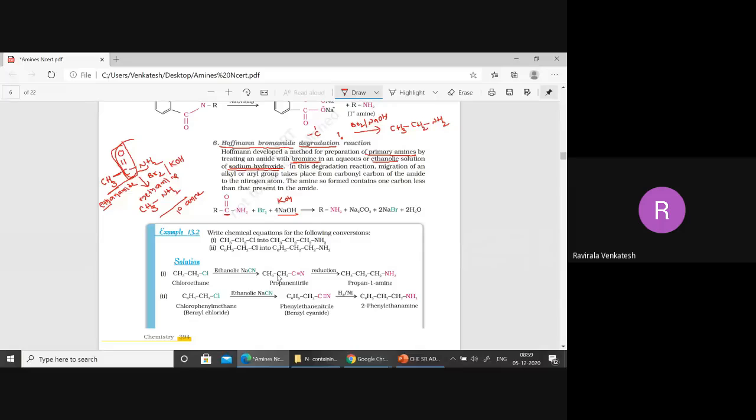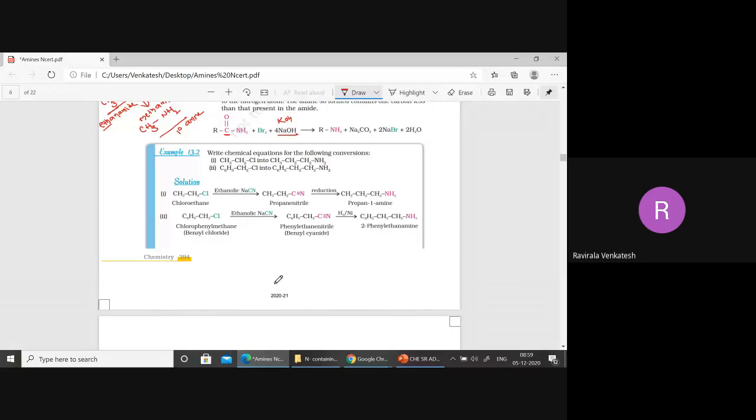Definitely amides will convert into NH2. Now here there are two carbons. So one carbon we have to take less when you write in product side. So here I have to take three carbons, CH3, CH2. This is called propanamide. So propanamide will convert into ethanamine like that. In this way we get number of questions in examinations as conversions.